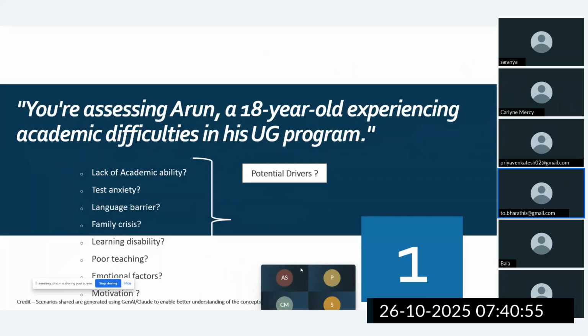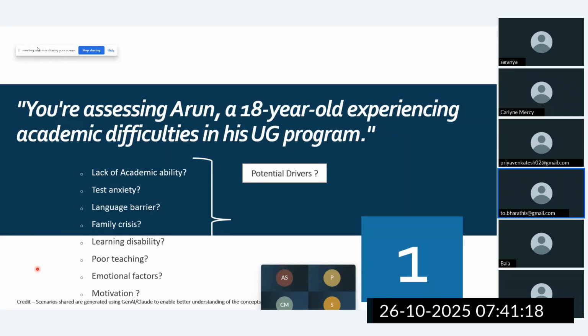We'll start with the end in mind, right? At the end of it, we need to do some assessment, right? So we'll make it interactive now. If we are going to assess a person called Arun, a pseudo person who's 18 years old, he is experiencing academic difficulties in his UG program.